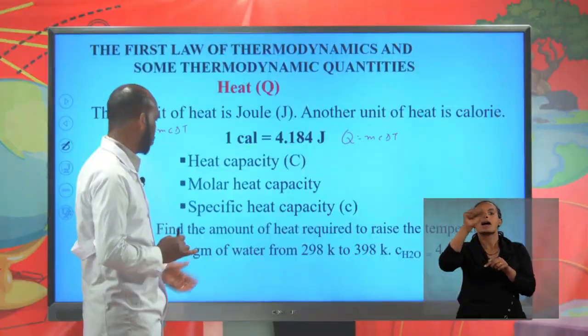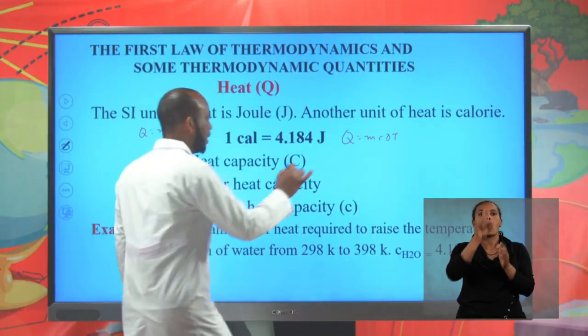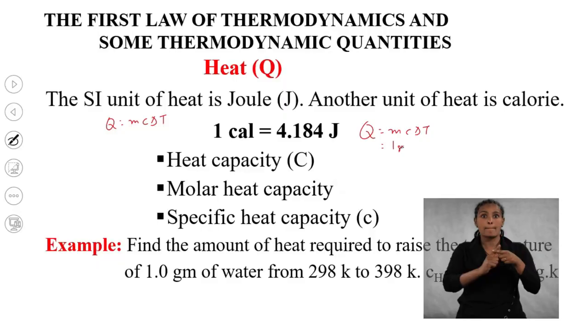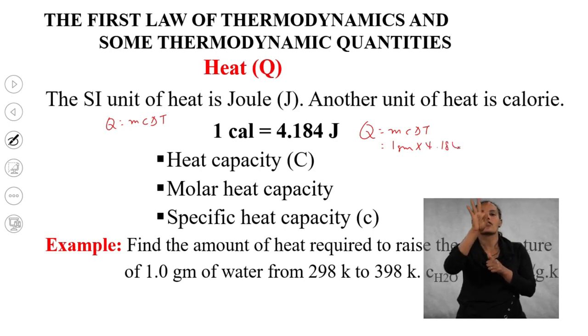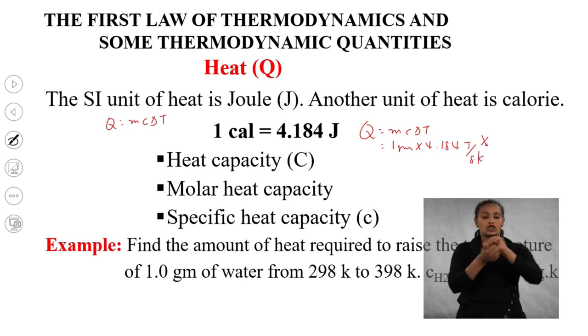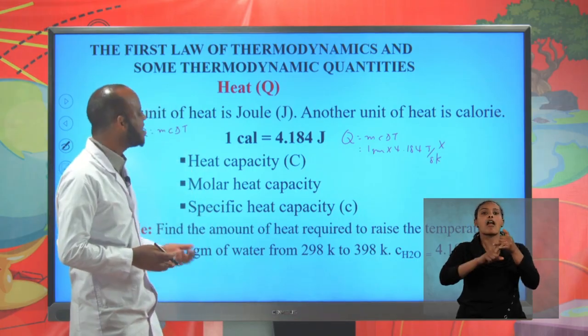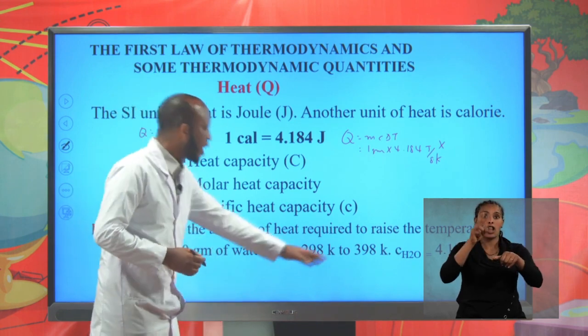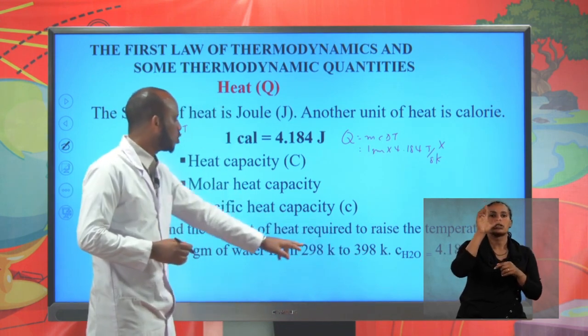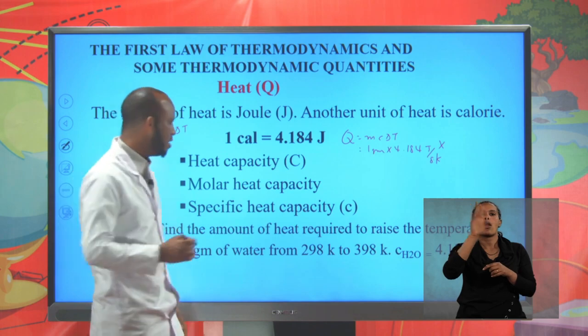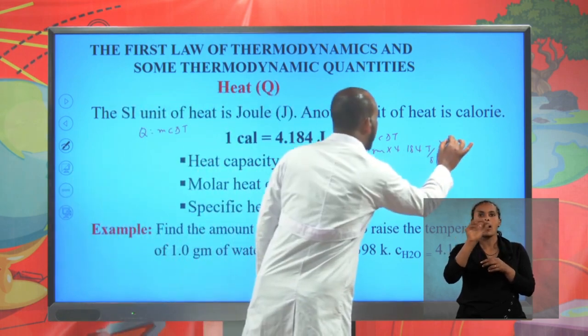Mass is 1 gram, times C, the specific heat capacity of water, which is 4.184 joule per gram Kelvin, times change in temperature, which is final temperature minus initial temperature, 398 Kelvin minus 298 Kelvin, which is 100 Kelvin.